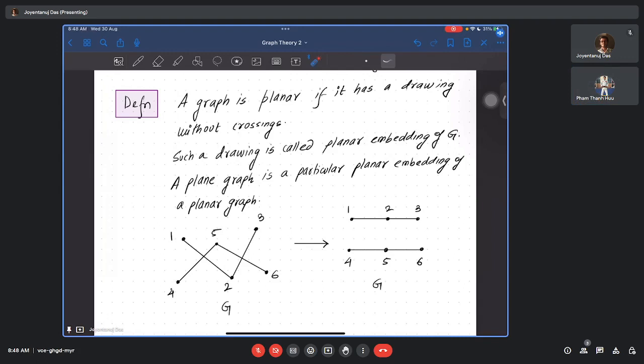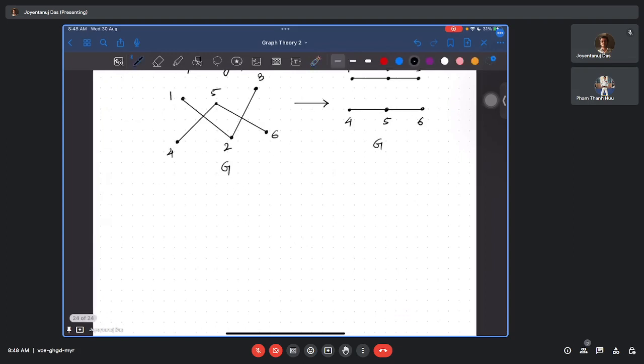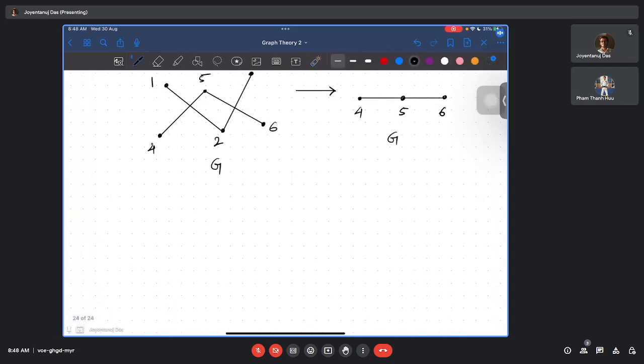Okay, so the next part is: a curve is closed if its first and the last point are the same.